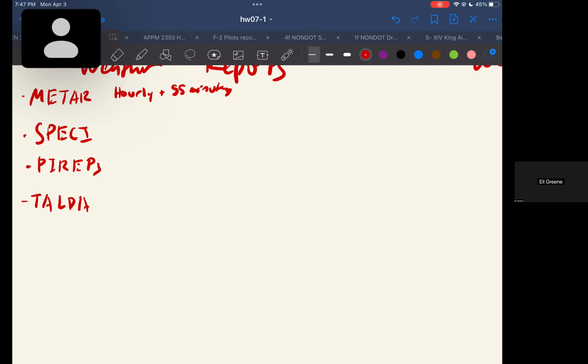They give more accurate versions of all the stuff that they gave above. Point is, the remarks section, you can never really guess what's going to be in a remarks section because they just kind of fill it with whatever remarks are for that station. But this stuff up here above the remarks section will always be the same for a METAR, no matter what station you're at. Can you find Boulder?